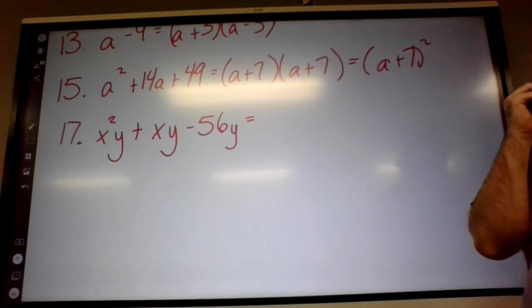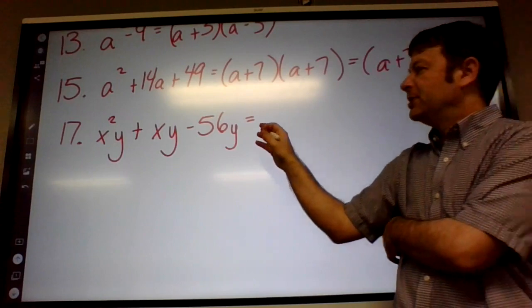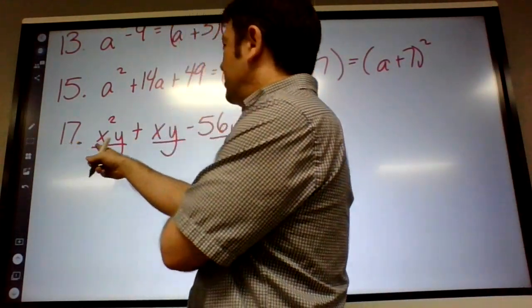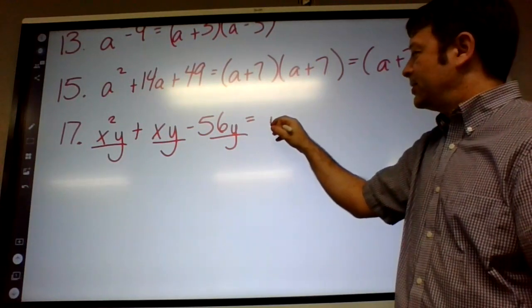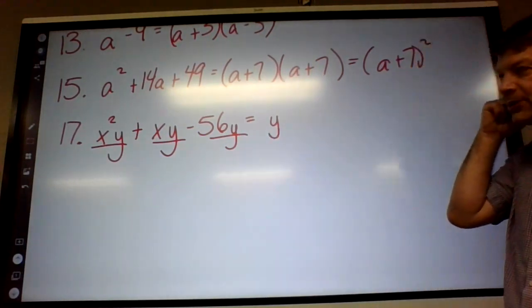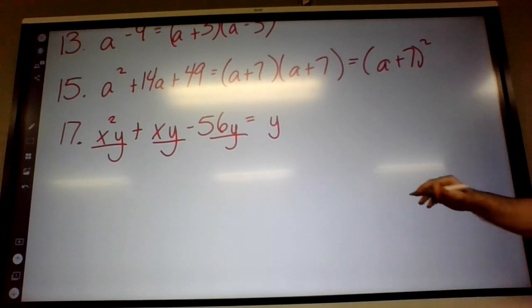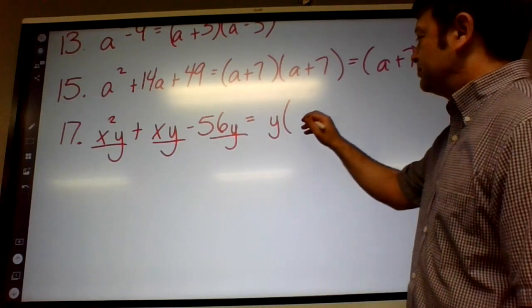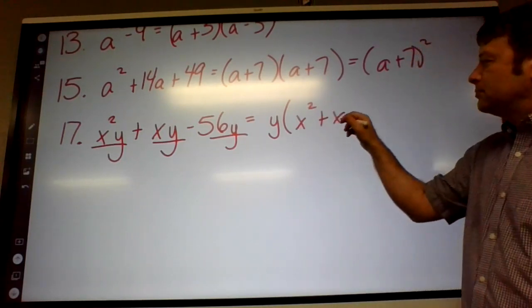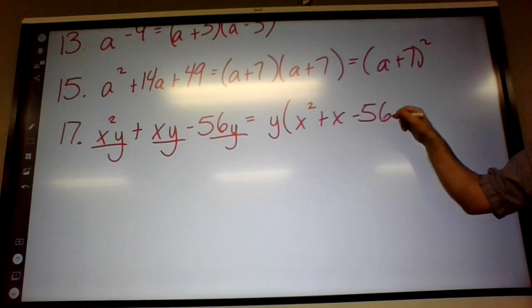We can take out just Y. Right, all 3 of those terms have a Y. There's no number that we can take out of all of them. Taking out a 1 is like doing nothing, so don't worry about that. But yeah, we can take a Y out. And what is left if we take a Y out? X squared plus X minus 56.